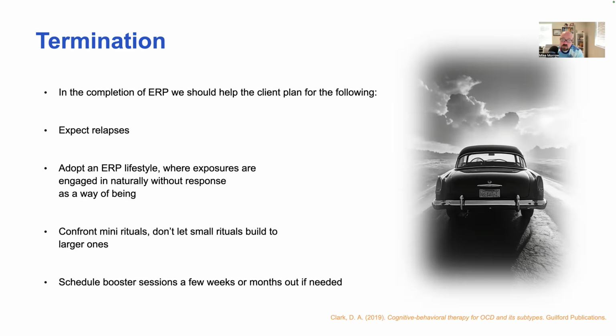We could also schedule booster sessions a few weeks or months out if needed, thinking back to this idea that we're going to probably expect some sort of relapse or some sort of anxiety resurgence. So come back, let's talk it out, let's keep on a path and think through our ability to maintain, again, this ERP lifestyle.